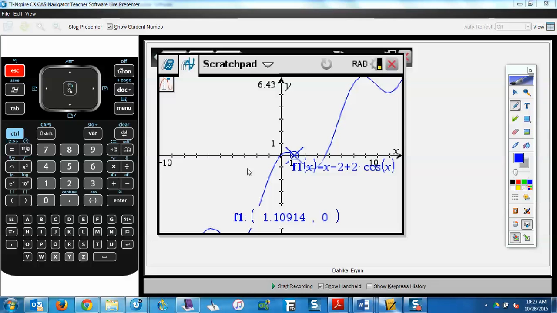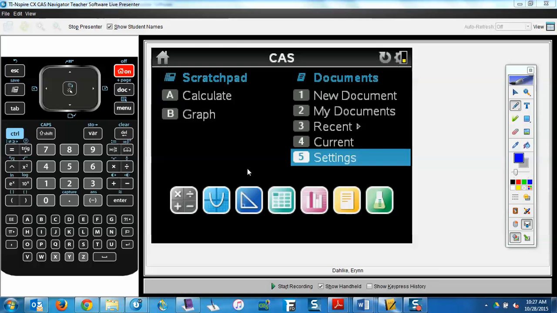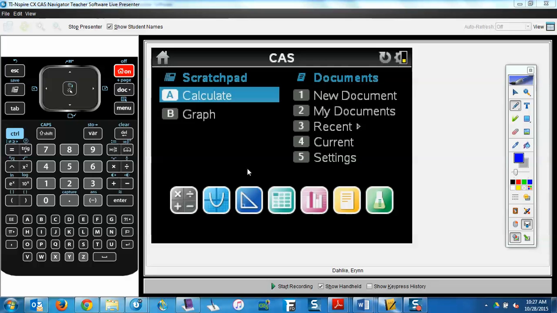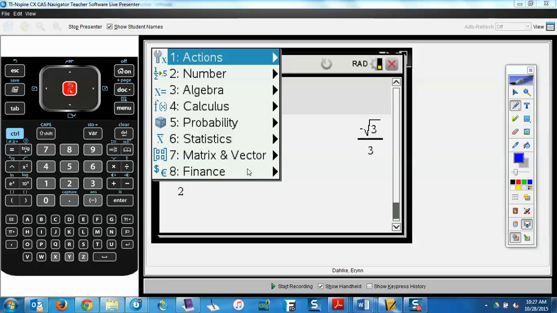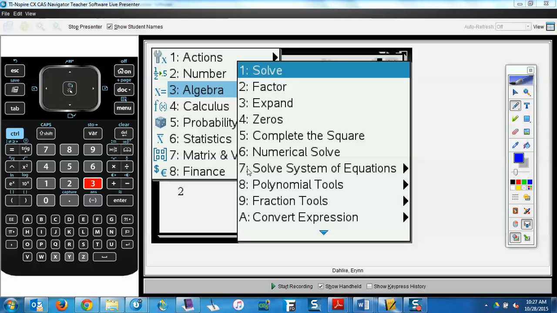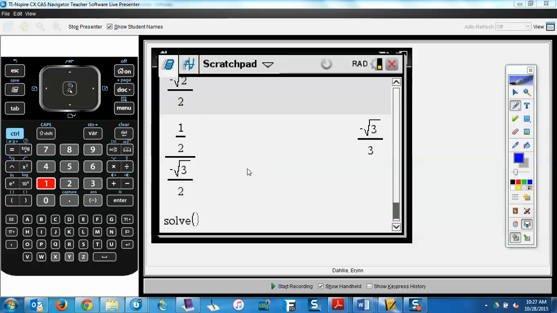Now, here's what we'll normally do. So go to the home screen real quick. And go to the calculator portion. Okay, and now go to menu, algebra, solve, and since we've already stored it in f1 of x, well, let's just type it in.